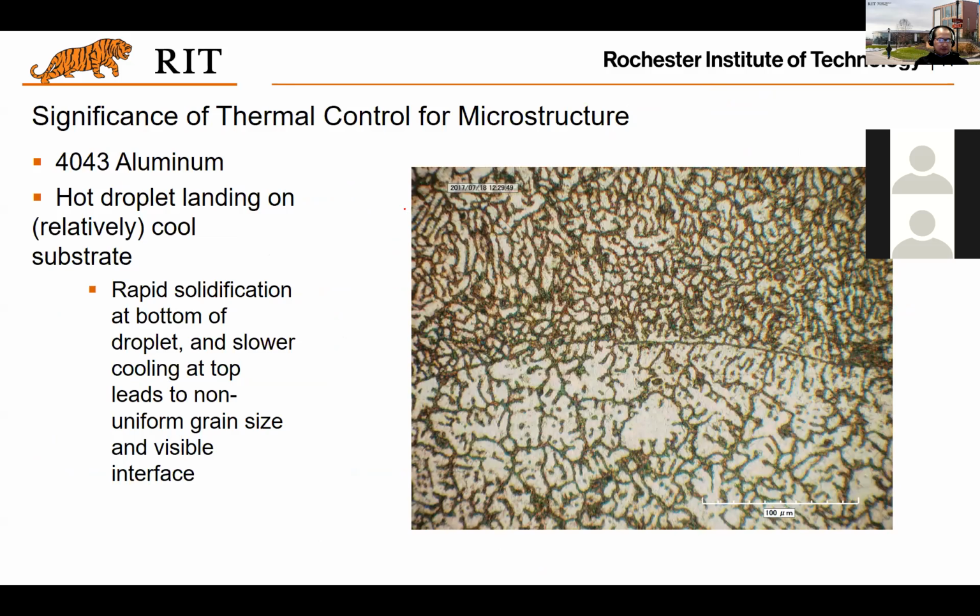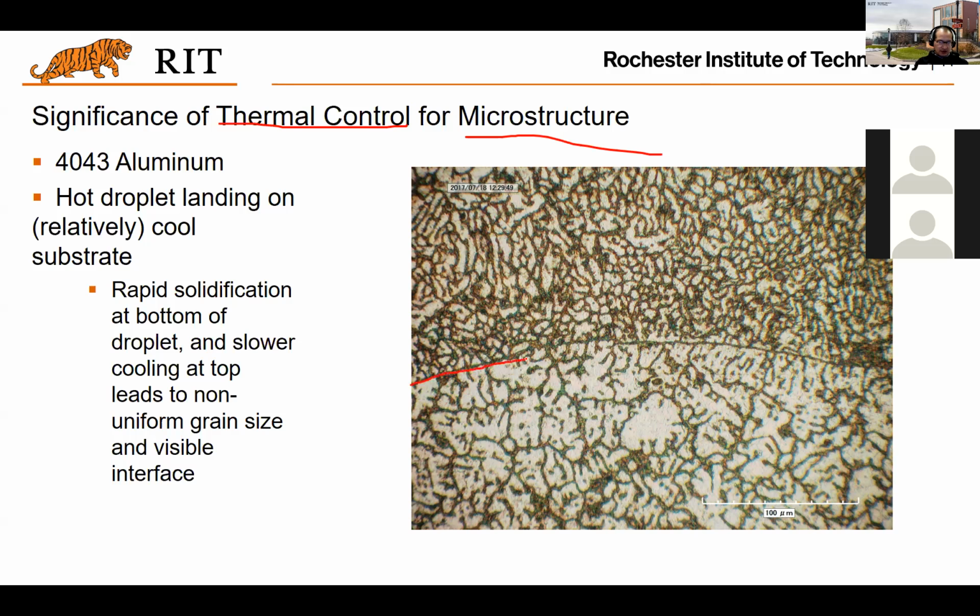Yep. So the thermal control is another very important thing for the metal printing, especially for the microstructures. A rapid solidification at the bottom of the droplet, and a slow cooling at the top will give you a distinct grain size and interface.